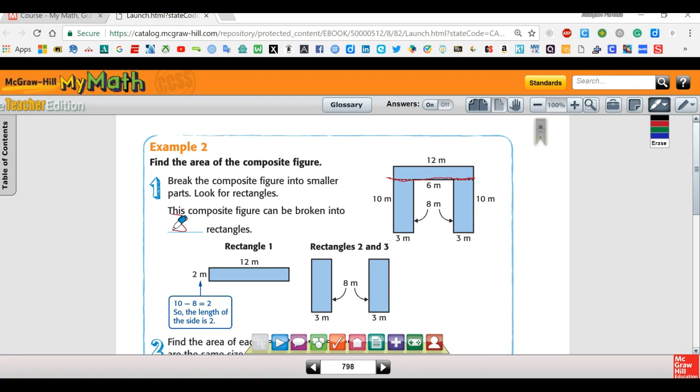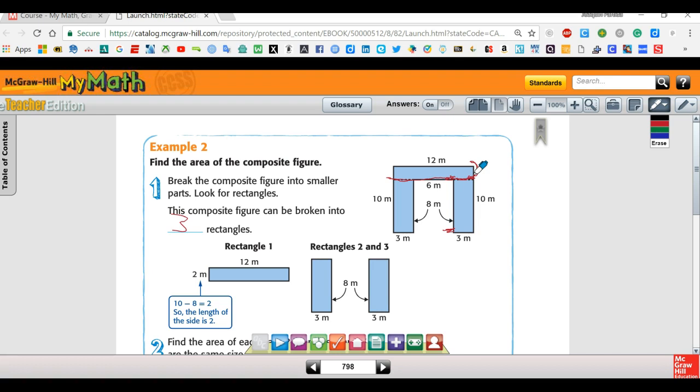By the way, if this is 8, from here to here, how much is this right here, if the whole thing is 10? Now I already have 8, so from 2, right? So this long one is going to be 2 meters by 12 meters, because they went 10 minus 8 equals 2.